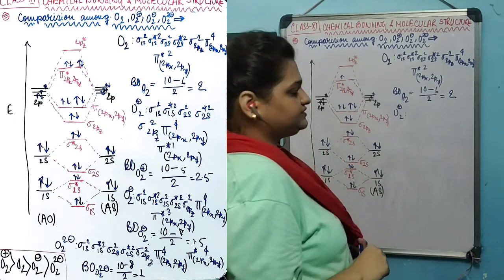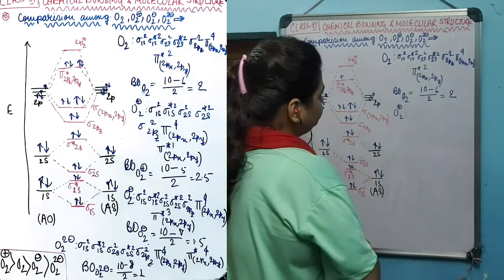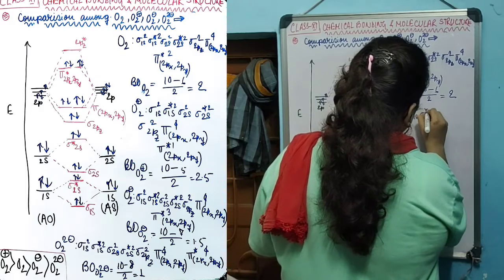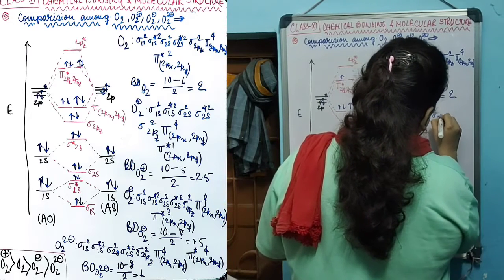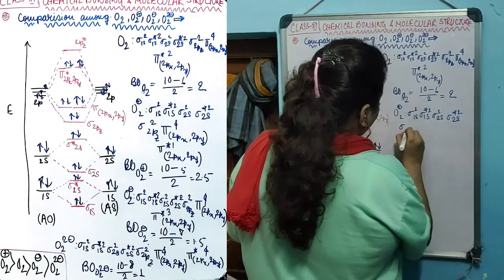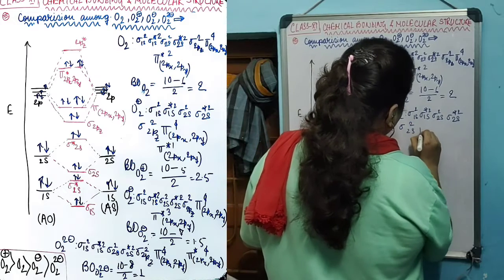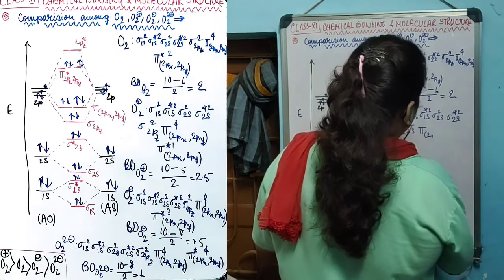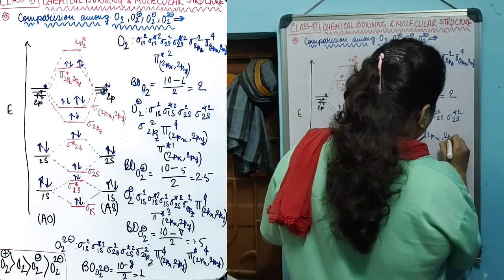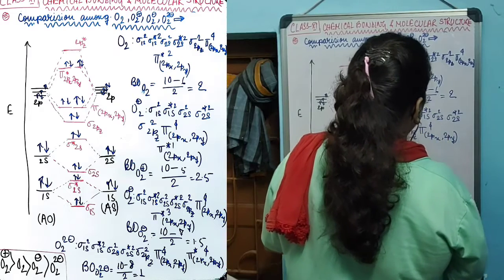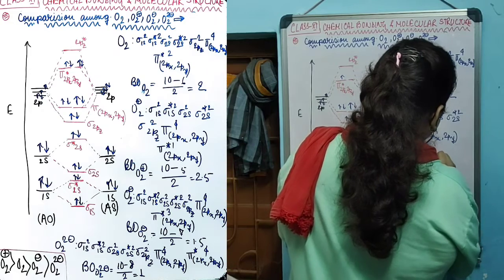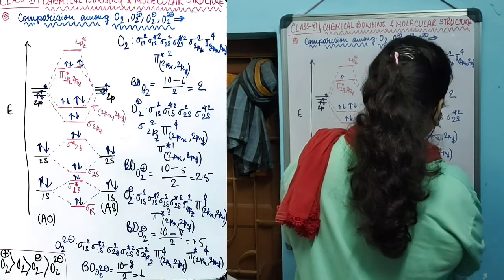The electronic configuration will be sigma 1s 2, sigma star 1s 2, sigma 2s 2, sigma star 2s 2, sigma 2pz 2, pi 2px 2py 4, pi star 2px 2py 1.